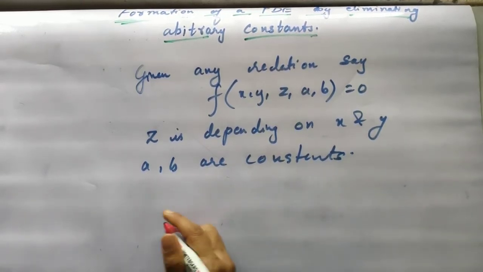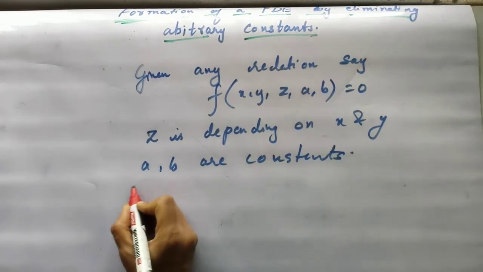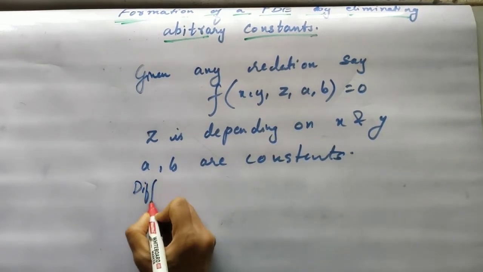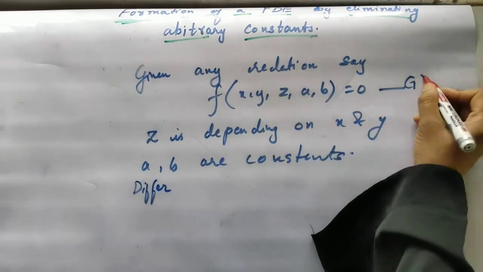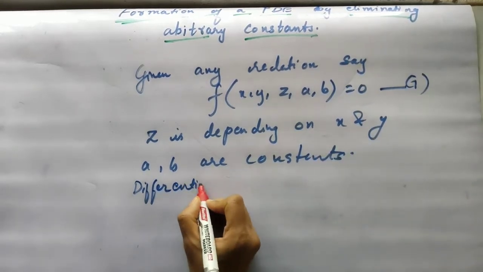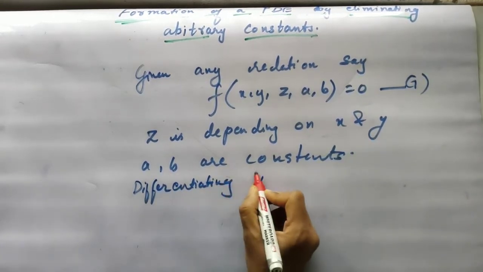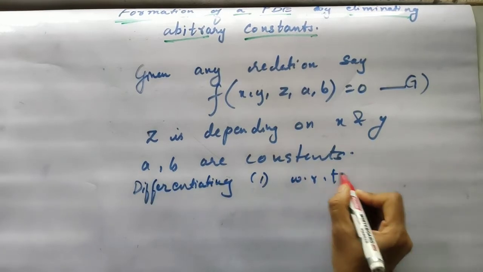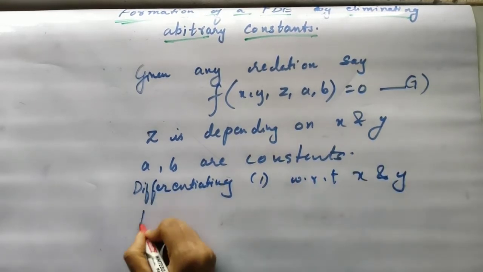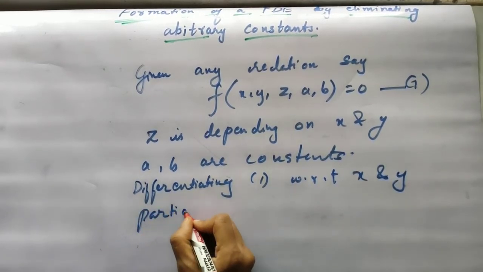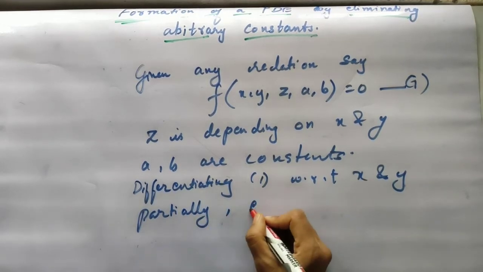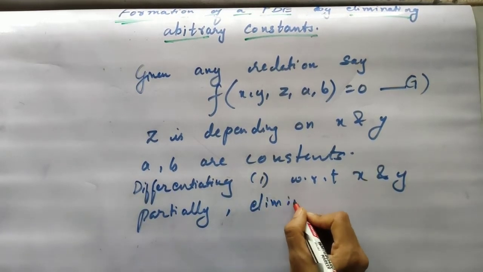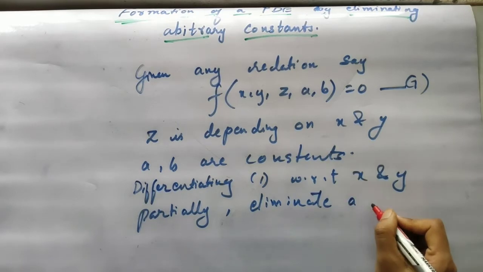Call this equation 1. Differentiating 1 with respect to x and y partially, eliminate a and b.